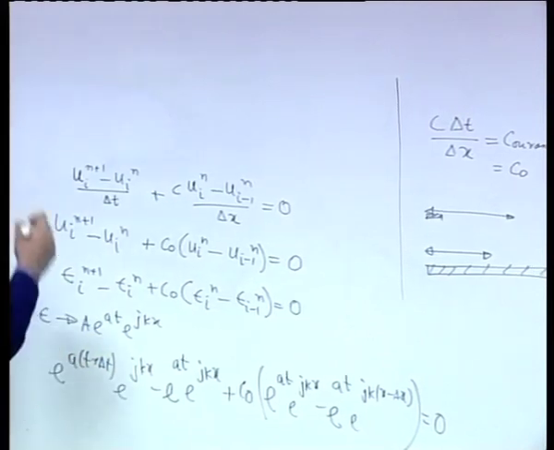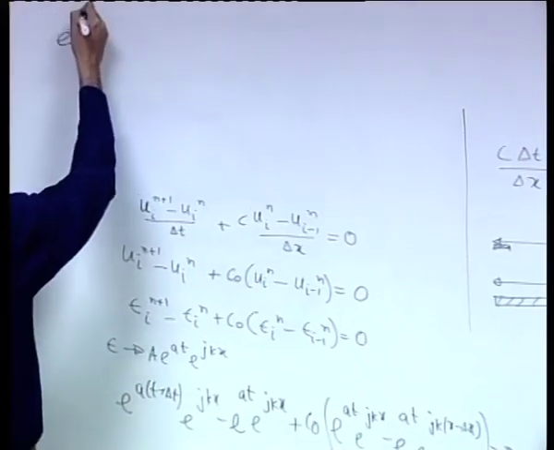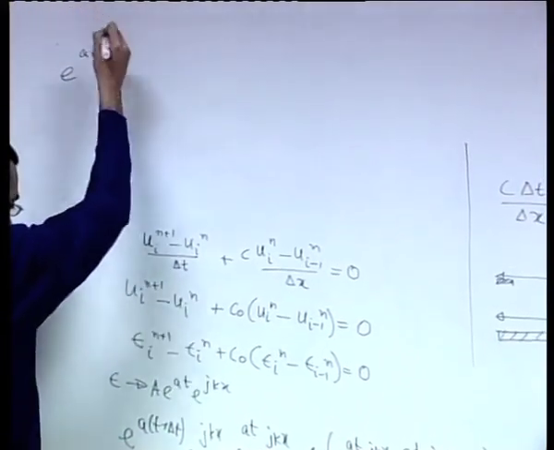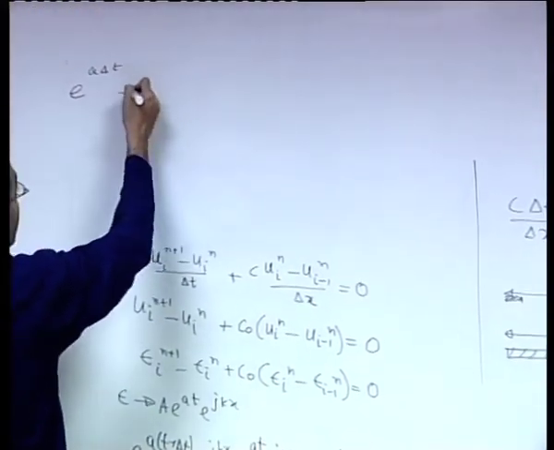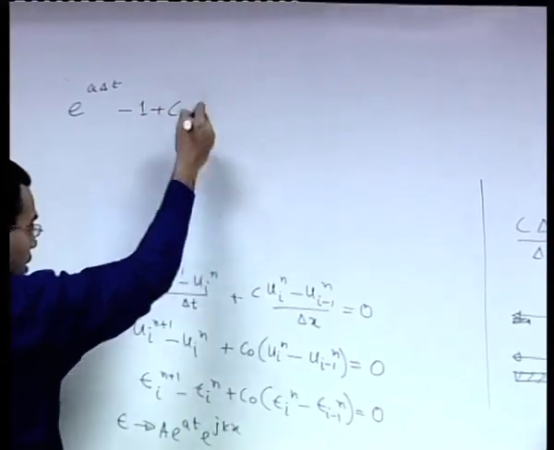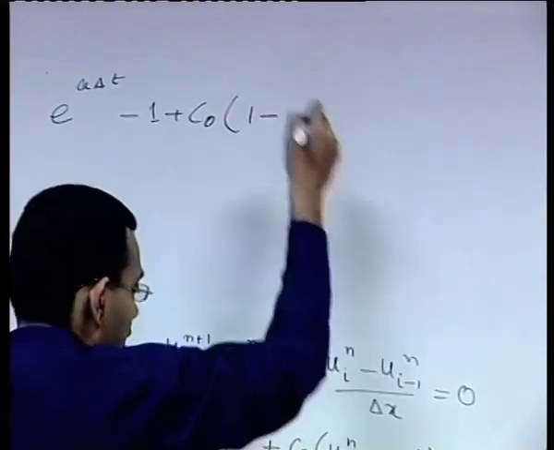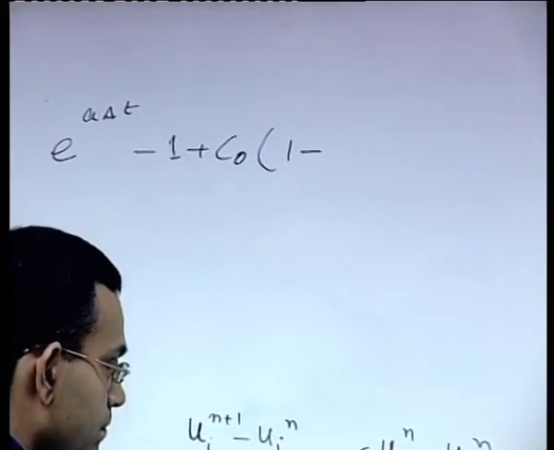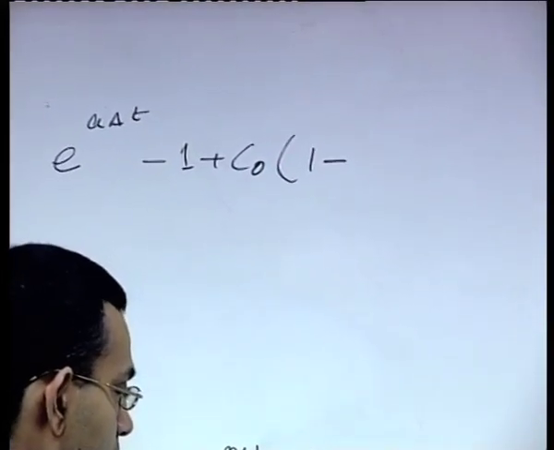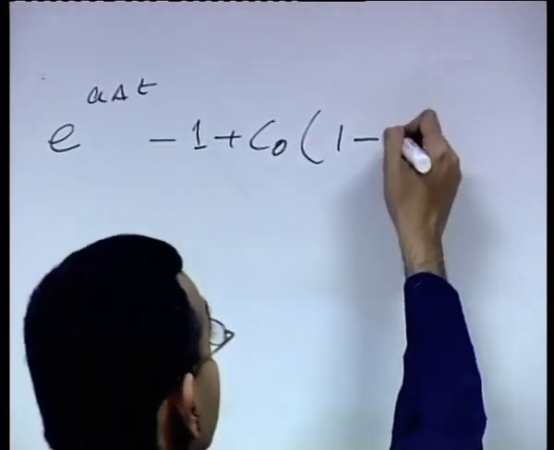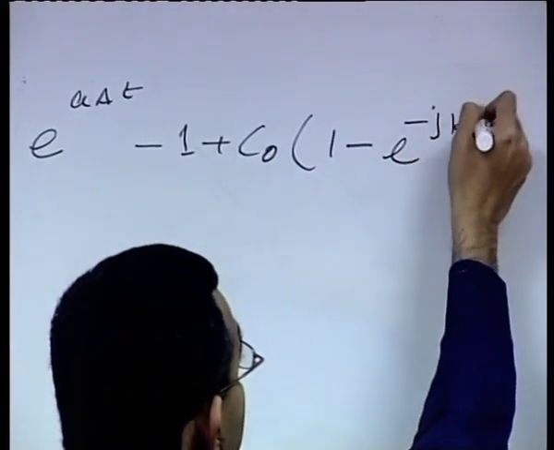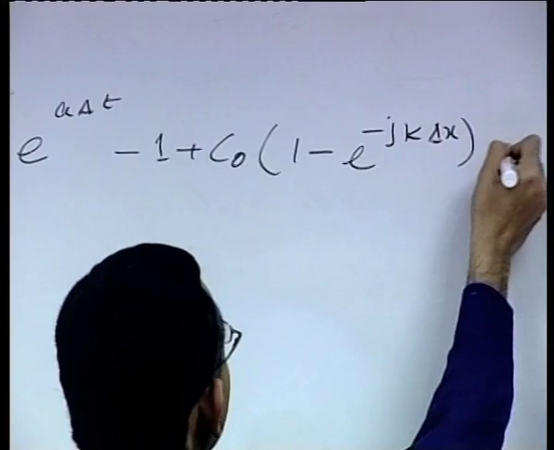So e to the power a delta t minus 1 plus Courant number into (1 minus e to the power minus j k delta x) equal to 0.